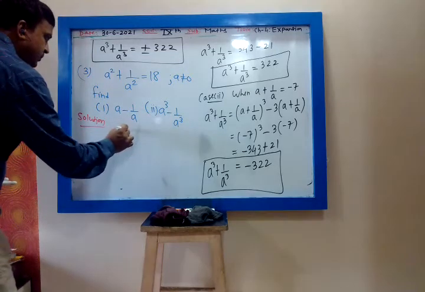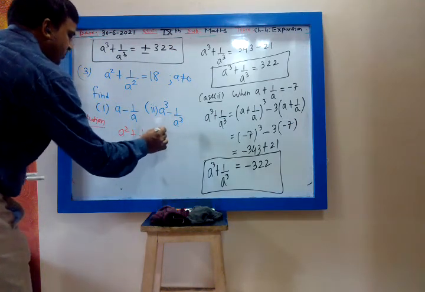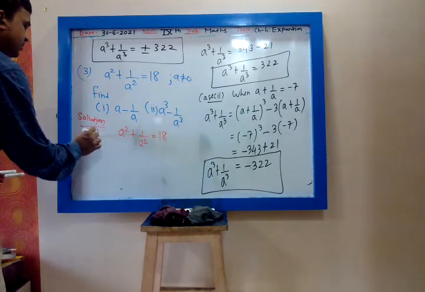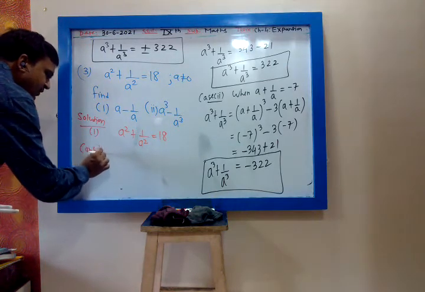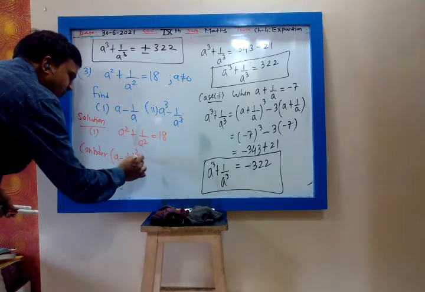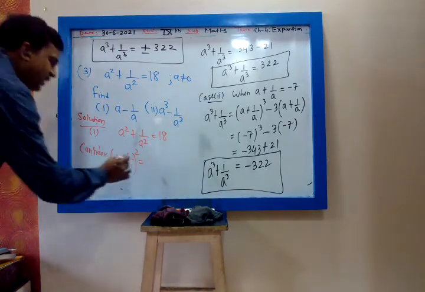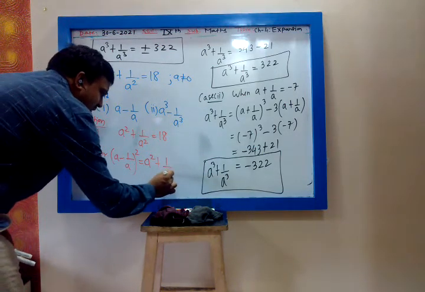A square plus 1 upon a square is 18. You want to find a minus 1 upon a. So you will consider a minus 1 upon a whole square and use the formula a minus b whole square. That is a square plus 1 upon a square, then it will be minus 2.